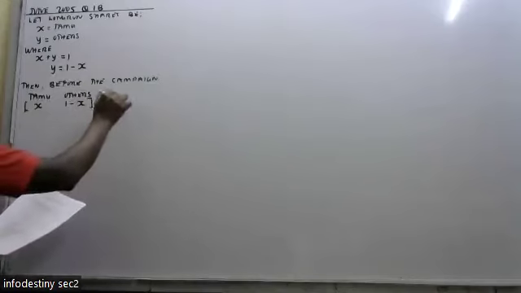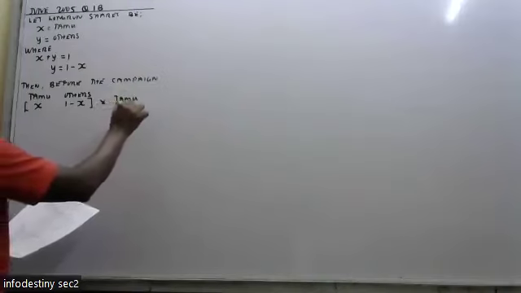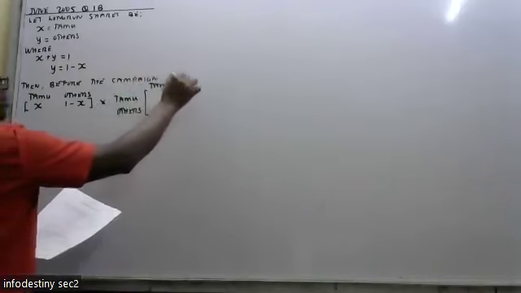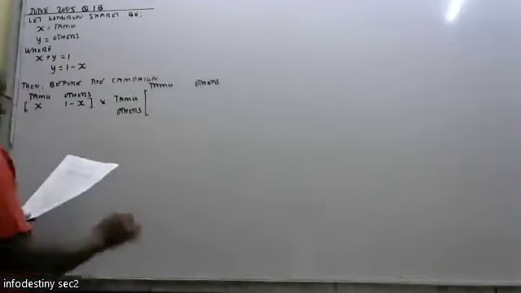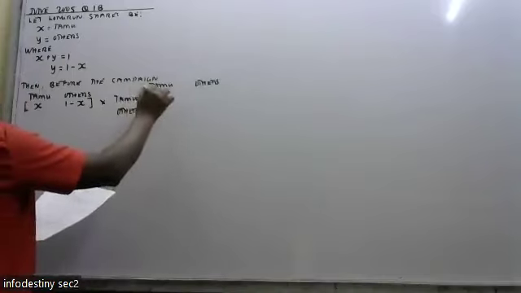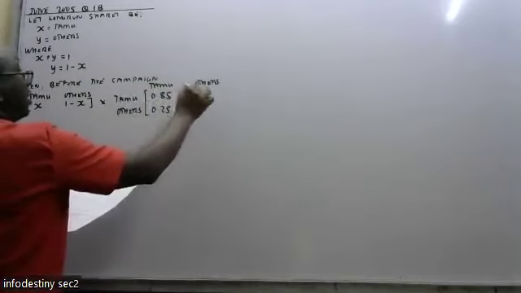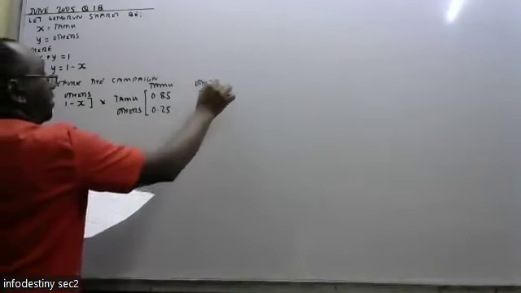The transition matrix has Tamu and others: 0.85, 0.25, 0.15, and 0.75.